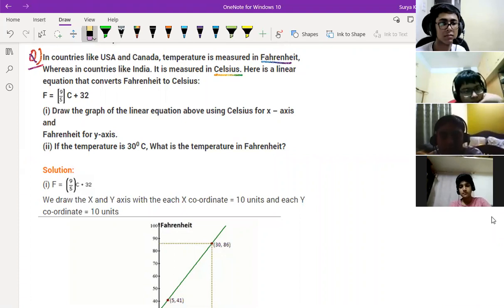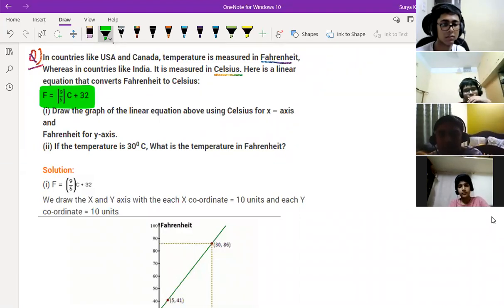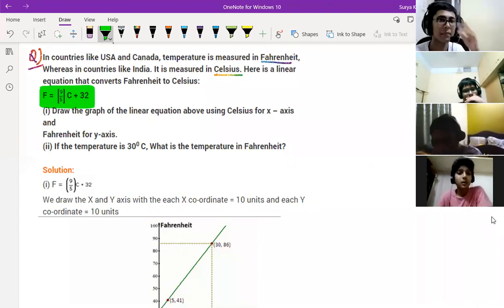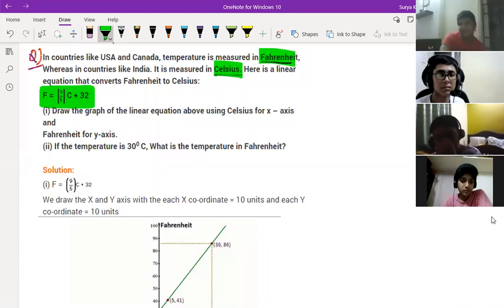By using this formula, you can understand. Pulastya, child, are you getting what I'm teaching over here? Yeah. All right. So here there is a relation between Fahrenheit and Celsius, and here is the linear equation that converts Fahrenheit to Celsius. So this equation is given over here.